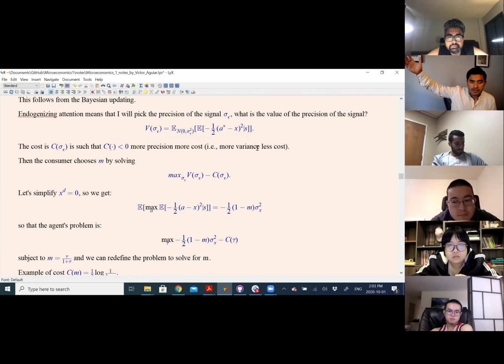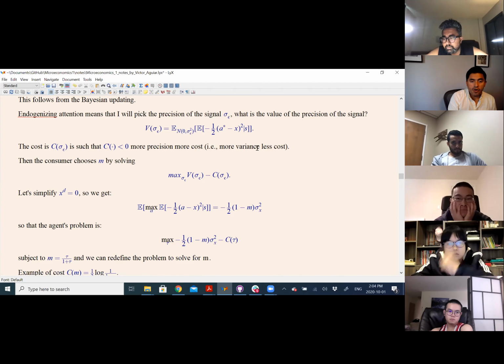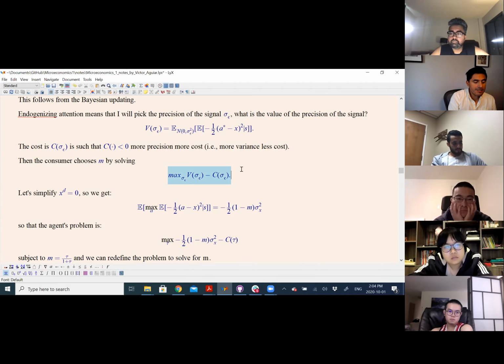So the more variance, the less cost, therefore the negative sign. Everyone gets it? Okay. And then my model is going to be as simple as this. Max, I'm going to choose now the sigma epsilon, the precision, such that it maximizes the net value of information. So V of sigma epsilon minus C of sigma epsilon.